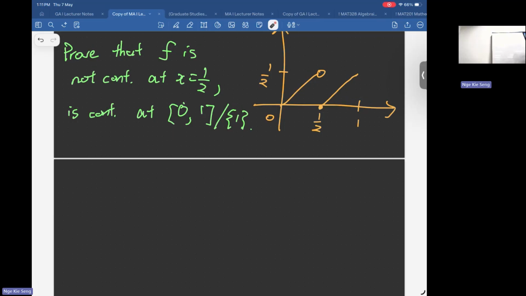Continuity is to be shown for all these points other than half. From this picture, your function splits into two. One is before half, one is after. So we'll split.